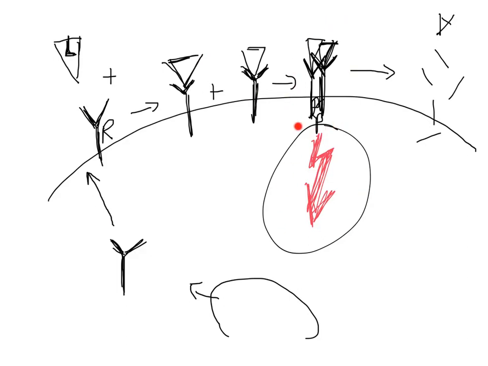We won't get this stable ligand-receptor dimer. On the other hand, if our receptor degradation, if this dimer degradation here is very fast, faster than the dimerization, again we don't get a signal.